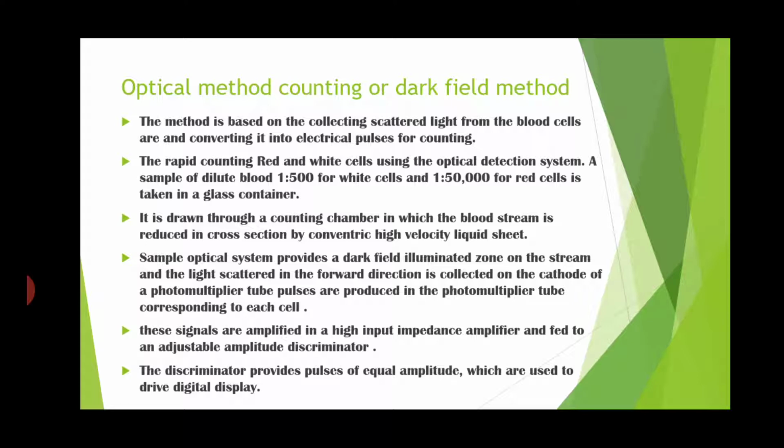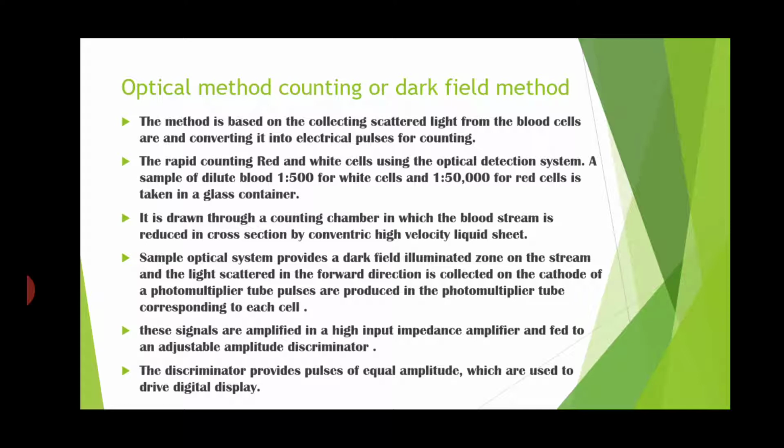It is for rapid counting of red and white cells using an optical detection system. A sample of diluted blood, 1:500 for white cells and 1:50,000 for red cells, is taken in a glass container.